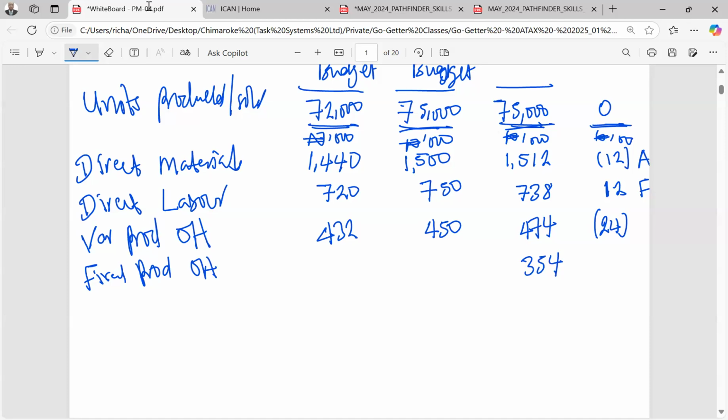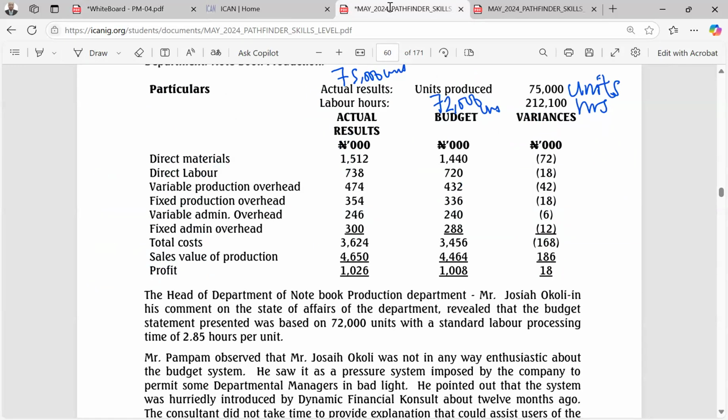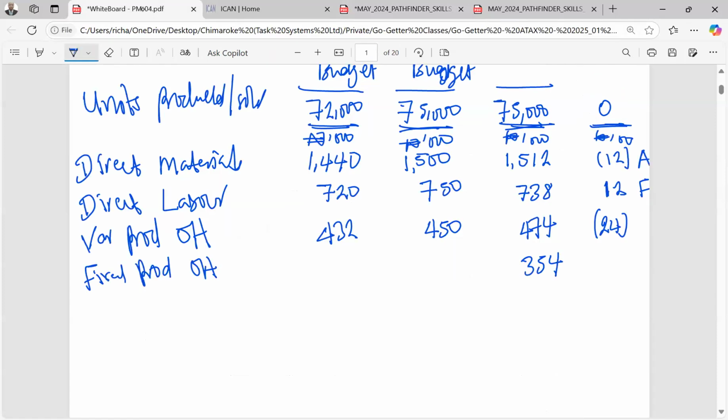We're also given budget 336. Now, this was done using 72,000 units. What do we get here?